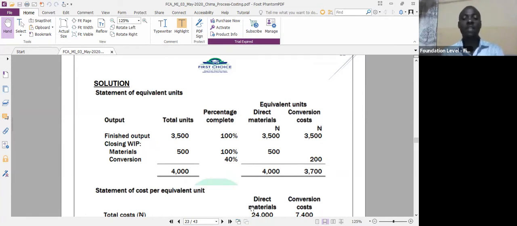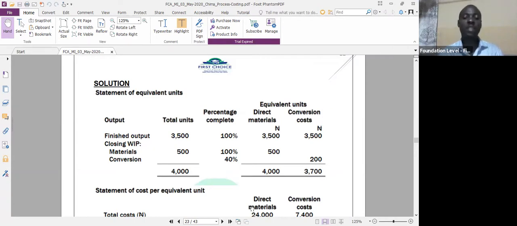Means that the finished output is the same. Now going to the work in progress, material is 100% complete. So you see 100% there. 100% times 500 will give you 500 under direct material. But you see, in conversion, it is just 40% complete. So when you do 40% of 500, you are getting 200 as your conversion.